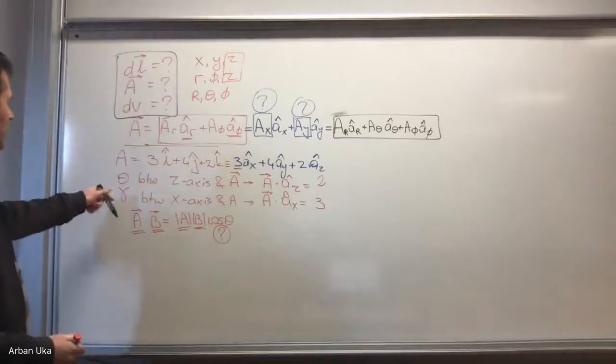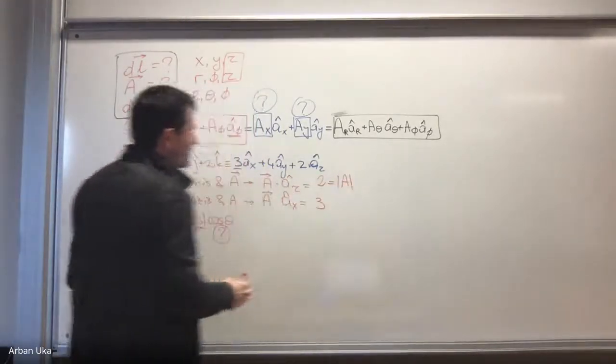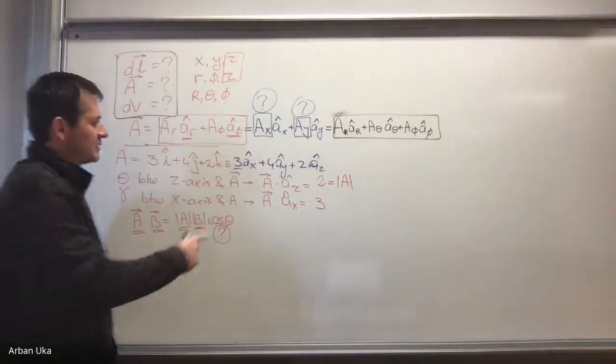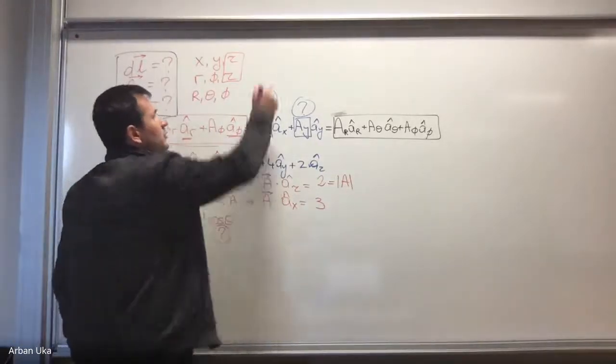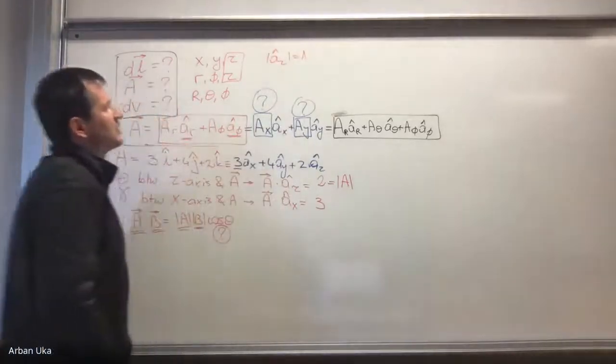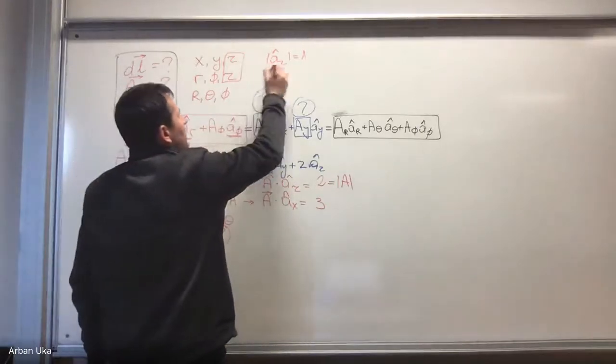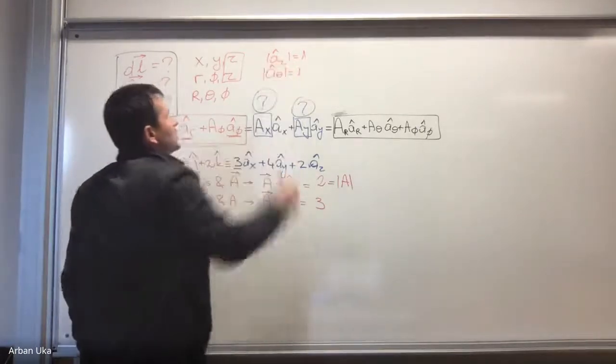And in order to find the respective angles, this will be equal to the magnitude of A times the magnitude of Az. But we know that the magnitude of Az is equal to 1, because this is the unit length vector along the Z coordinate system. Similarly, A theta is also a vector which has unit length of 1.